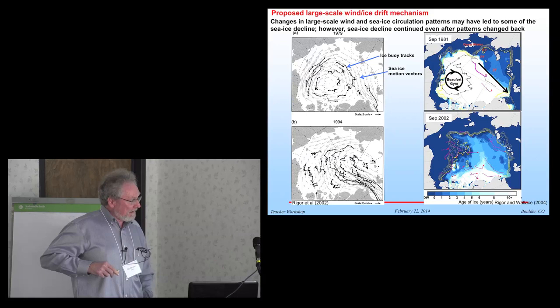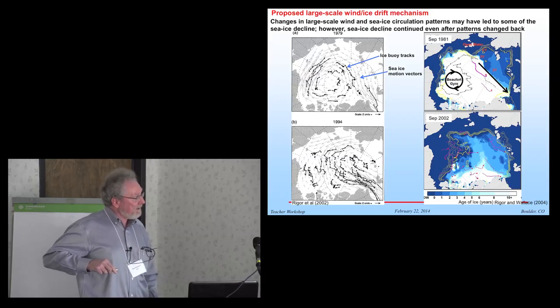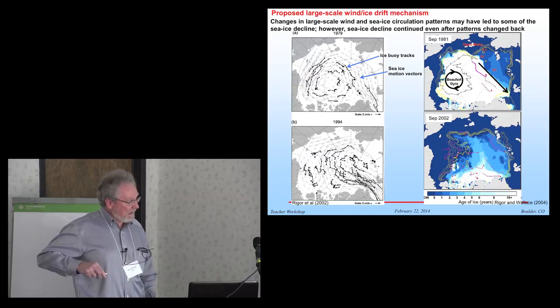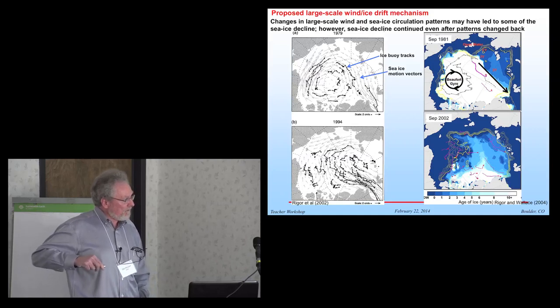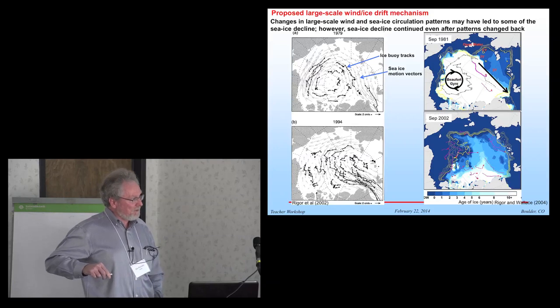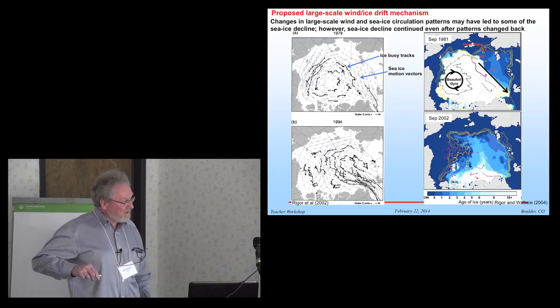However, in the late 1980s and 1990s, this circulation changed and was now more of a counterclockwise circulation, with a lot of ice coming out through the Fram Strait and only very little recirculation here. And so the net result was that the ice thickness decreased substantially between those two time periods, and the ice age as well.